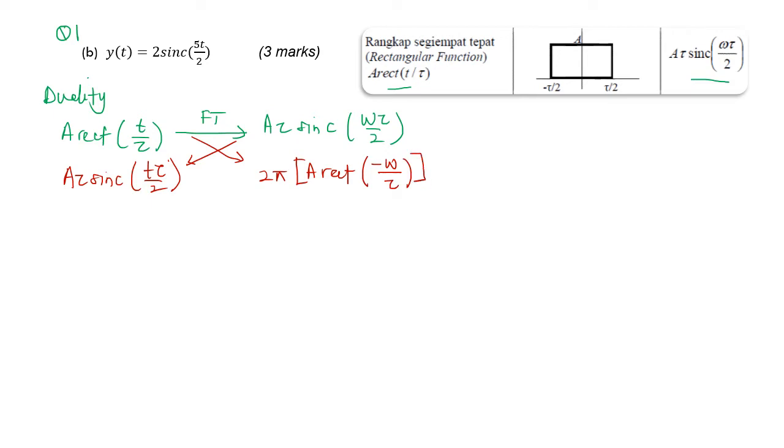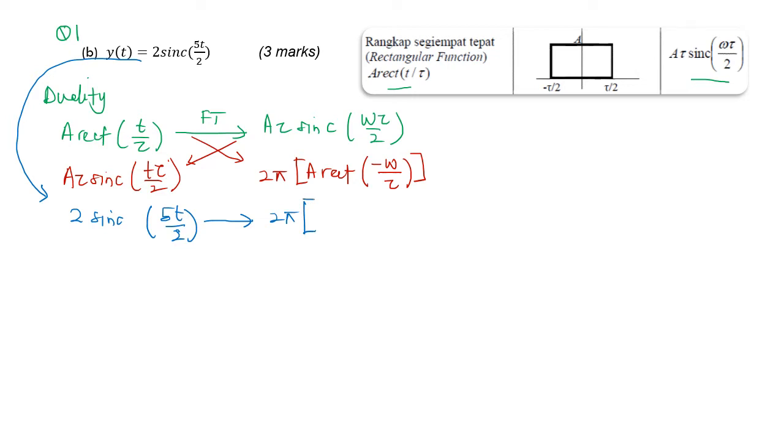Okay, so compare the given equation. So in this case, you have y(t) equal to this equation. So now compare the given equation with the general equation. So you have 2 sinc function 5t divided by 2. So this one will be 2 pi. So what is your A?